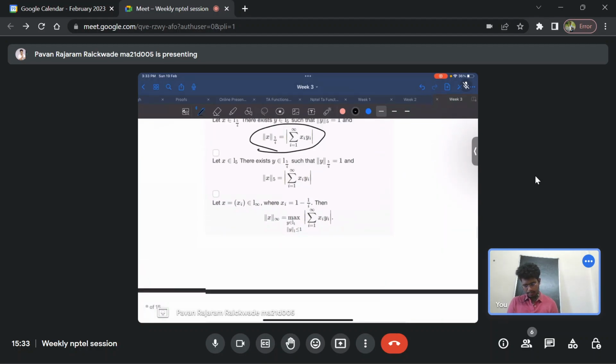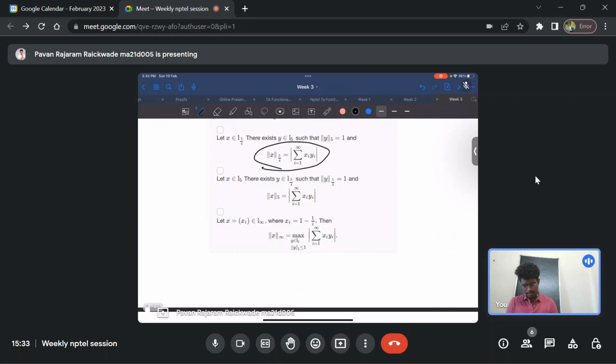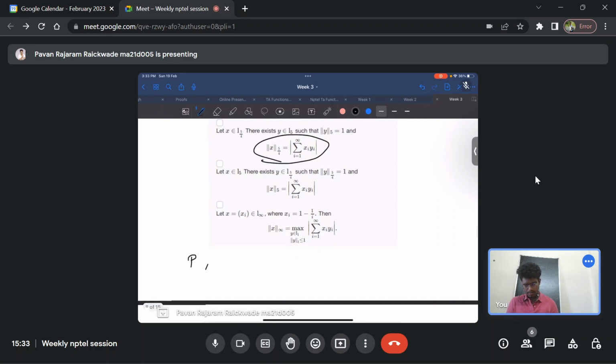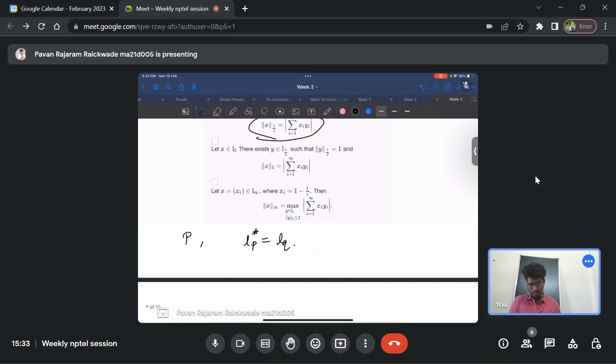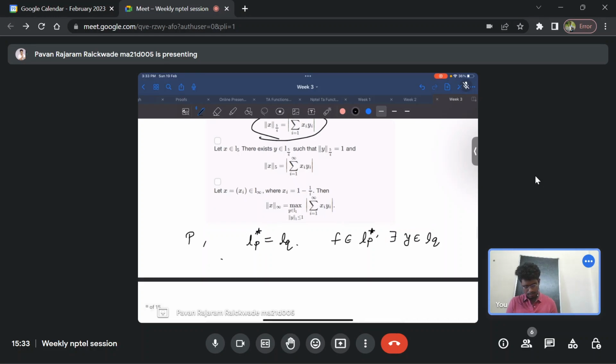First of all, what do we know is, for any p greater than or equal to 1, the dual of LP is LQ, right? What that means is if you take any f belonging to LP star, there exists a y belonging to LQ such that f at x equals the summation of xi yi, i going from 1 to infinity.